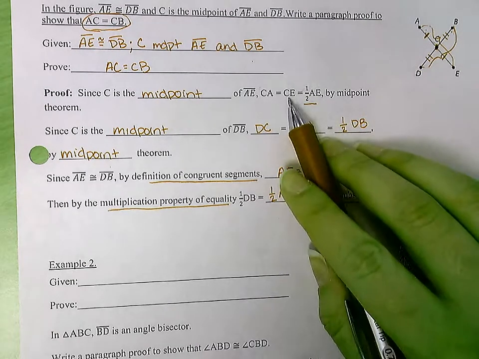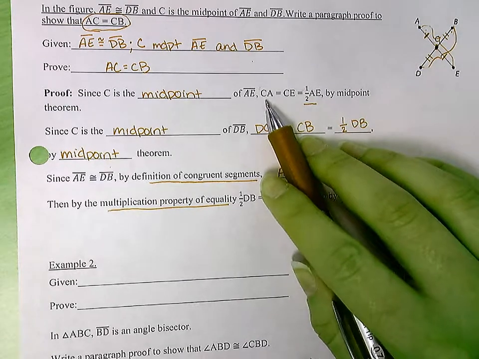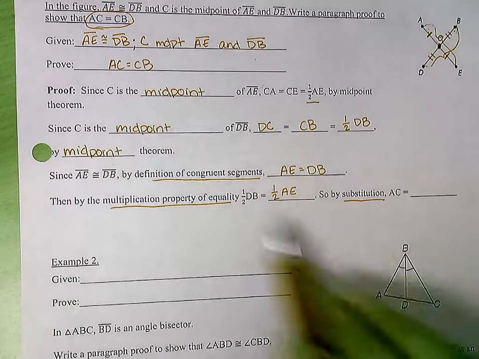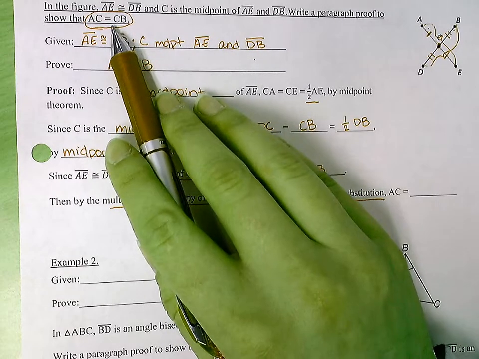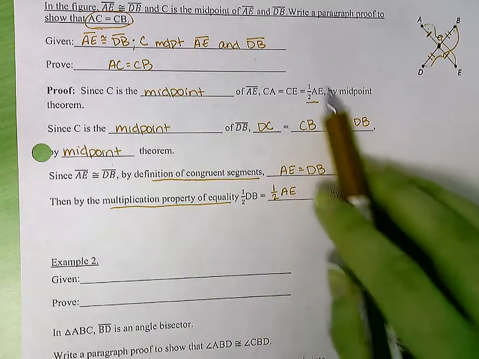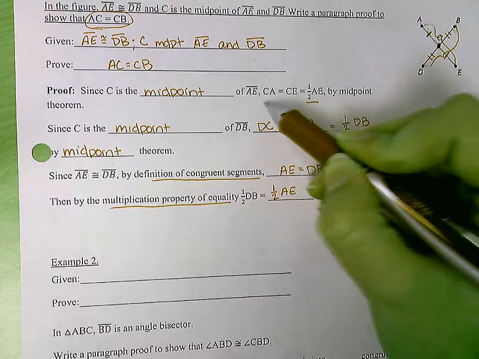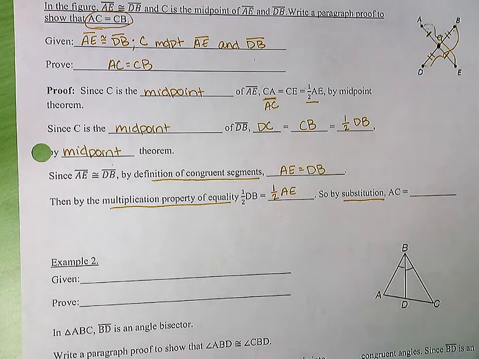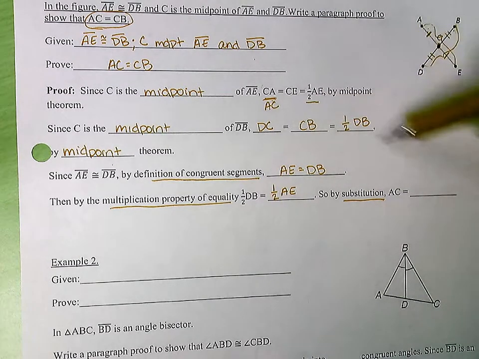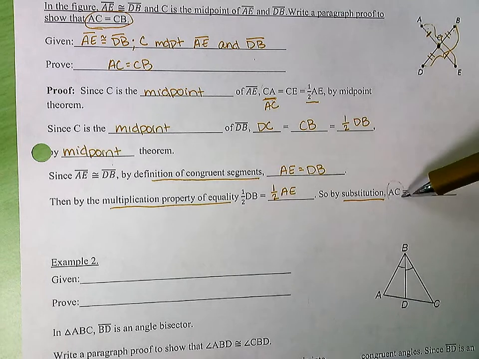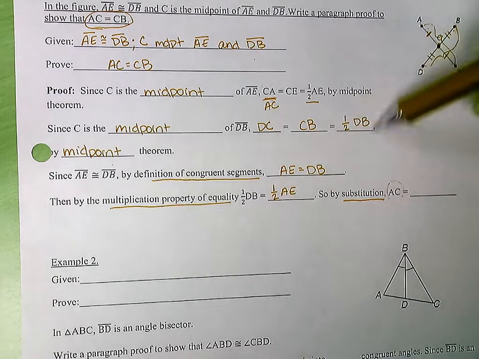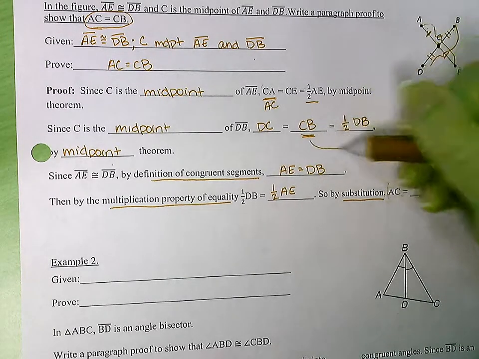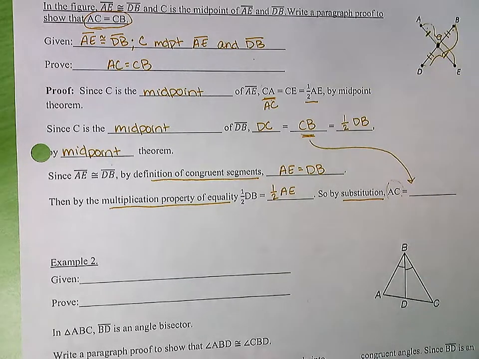That's also equal to CE and CA. Since this is my last statement, it has to be what I was trying to prove in the first place. So since 1/2 AE is equal to CA, which is the same as AC, I replace that down here, and 1/2 DB is equal to CB. I replace that down here as well.